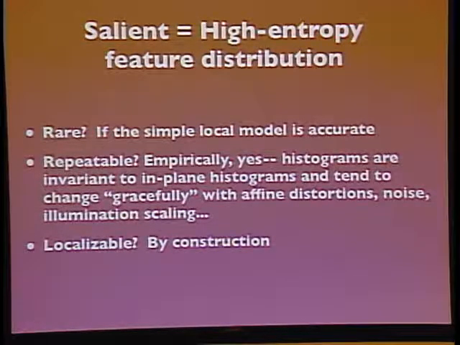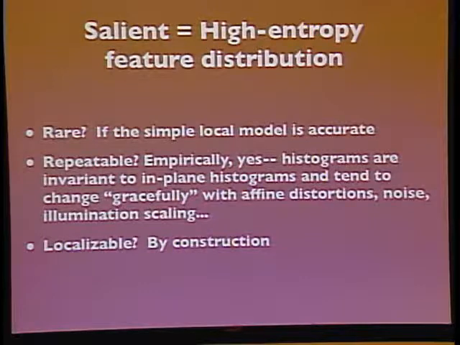So let's go back to our three different criteria: rare, repeatable, and localizable. If your simple local model is accurate and it does a good job of summarizing what was in the image in the first place, then yes, these regions are going to be relatively rare.